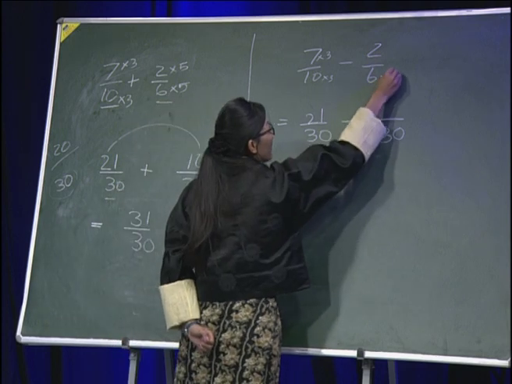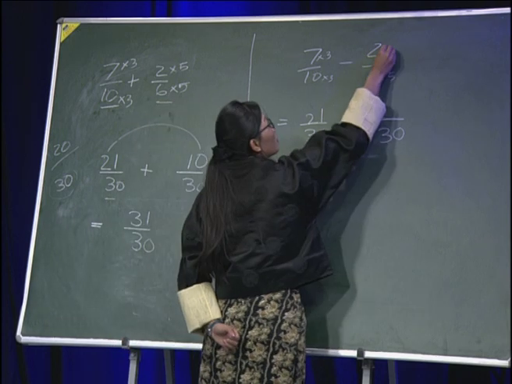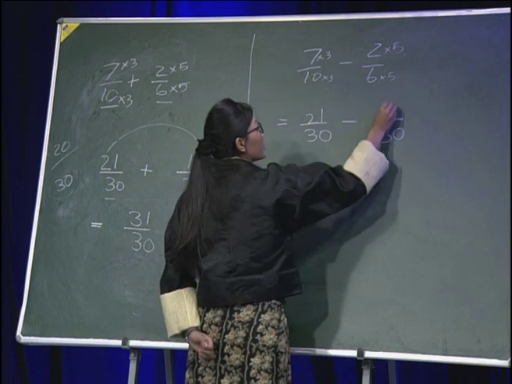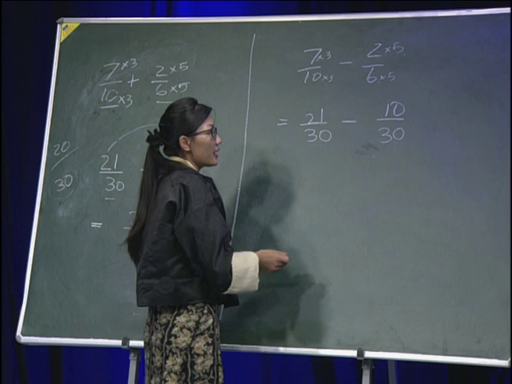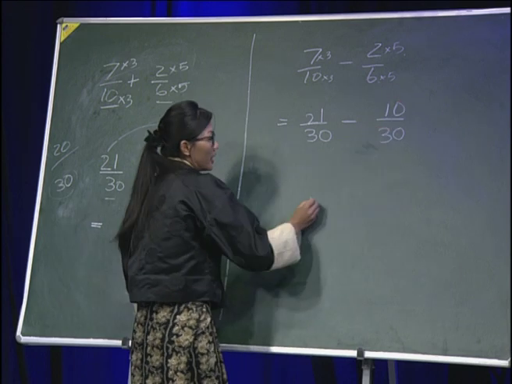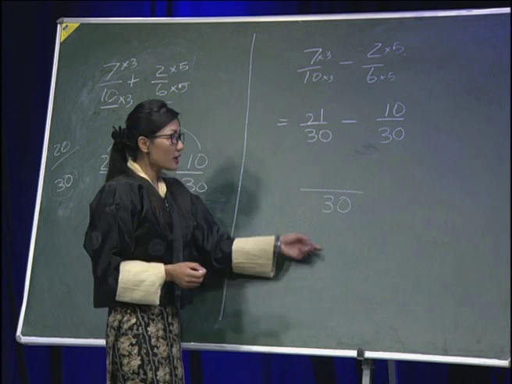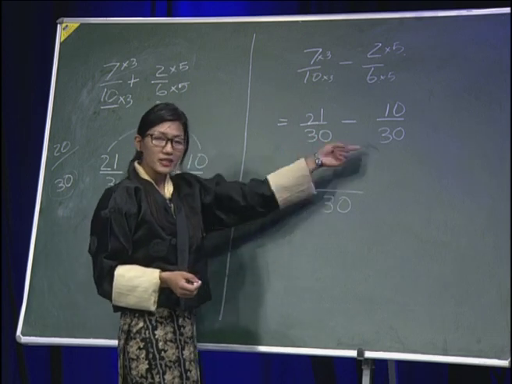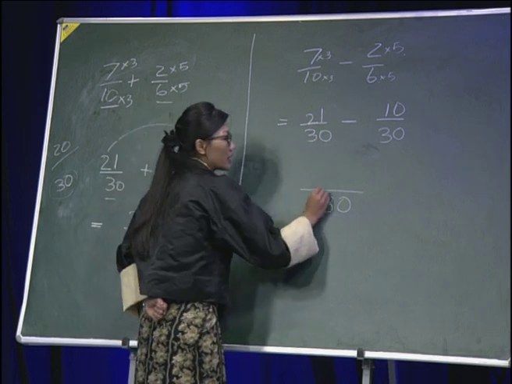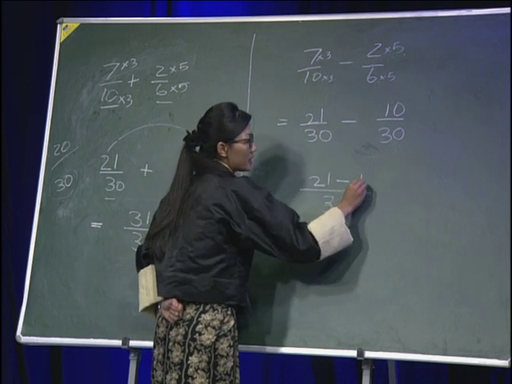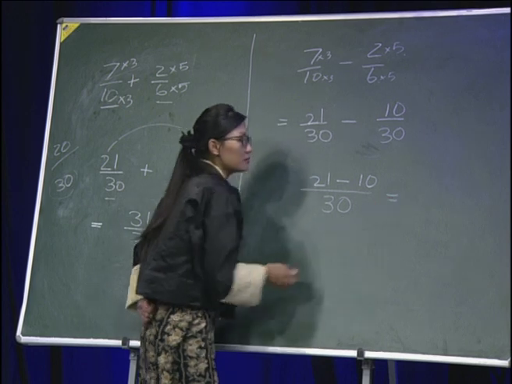6 times 5 is 30. We multiply 2 with 5. 2 times 5 is 10. Again, all you have to do is write one common denominator because the two denominators are the same. We just write it once and we take 21 minus 10.